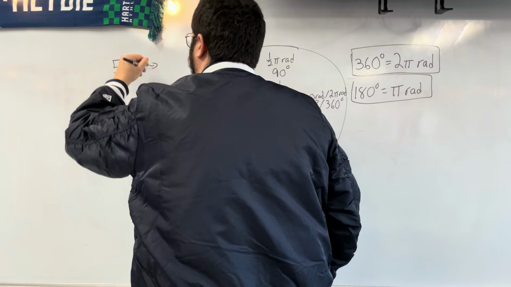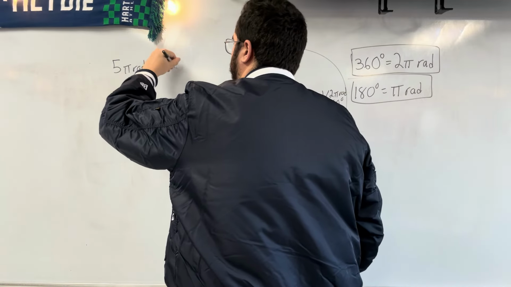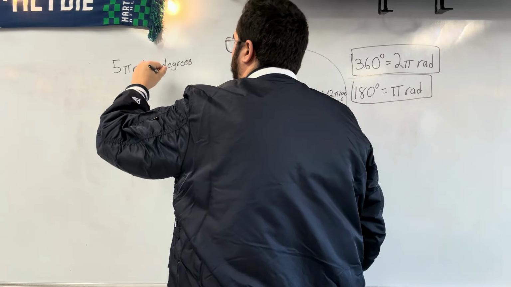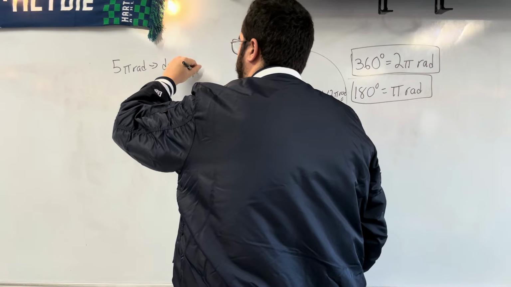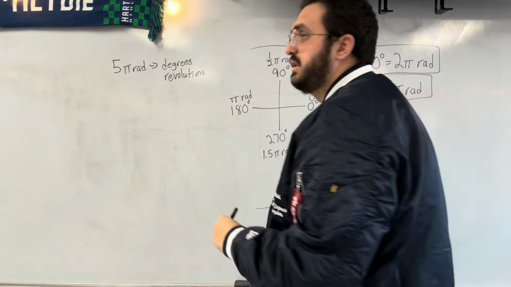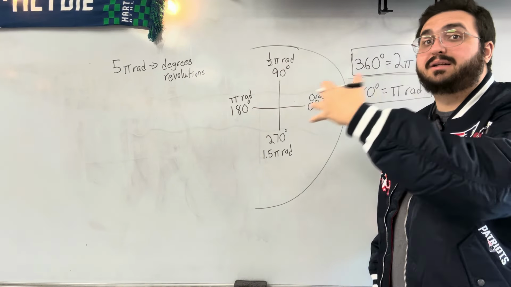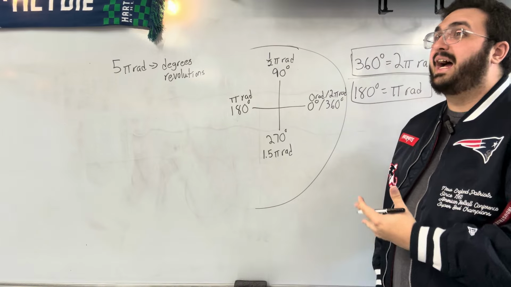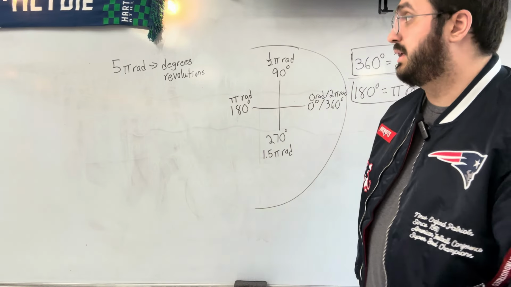And I want to convert that both into degrees, but also into revolutions. So I want to know how far in degrees did this thing actually move angularly, and also how many times did it actually spin. So let's do that conversion real quick.